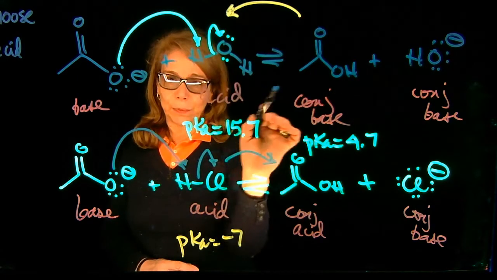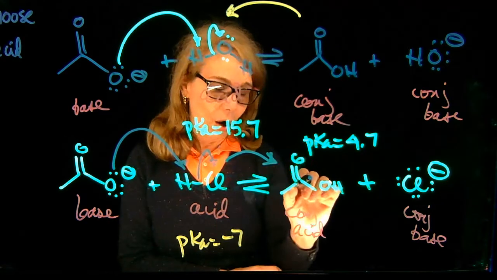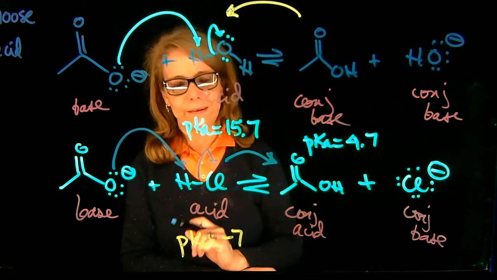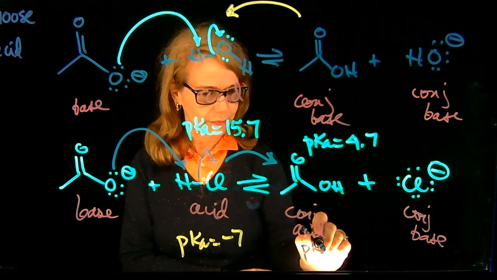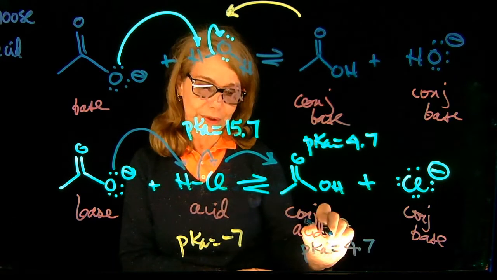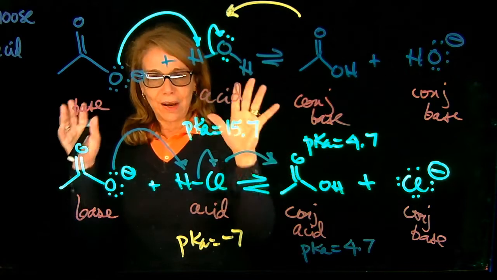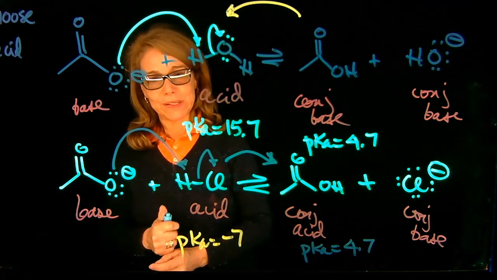And this is the explanation: because the equilibrium is always shifted to the weaker acid, and the larger the pKa, the weaker the acid. That's why this works. So here we want to choose an acid with pKa smaller than 4.7 for that reaction to work.